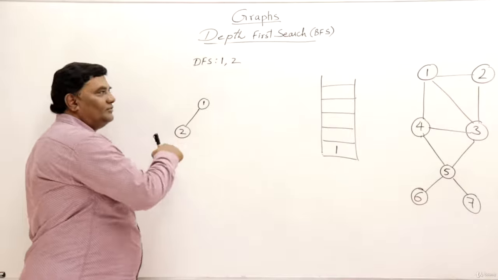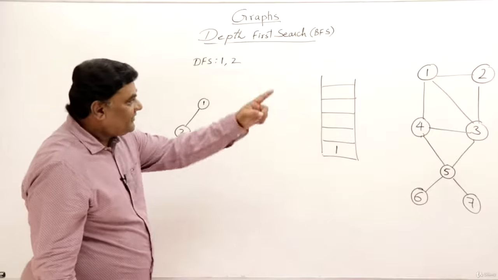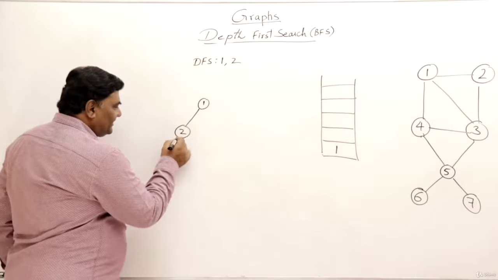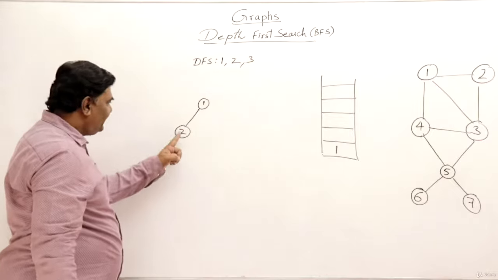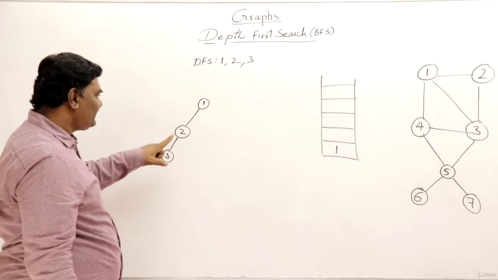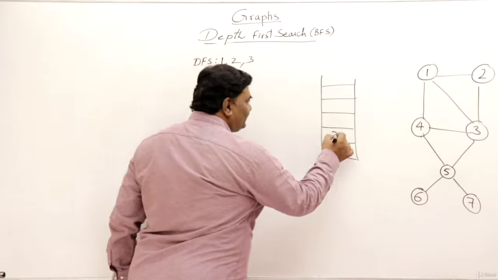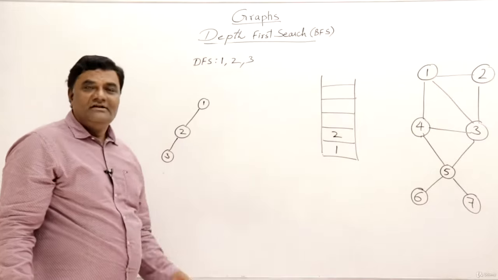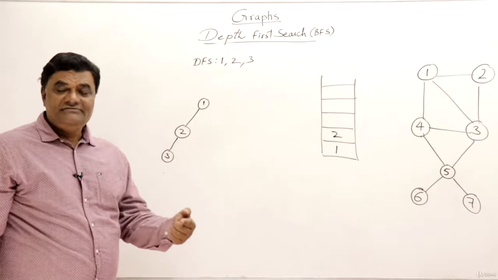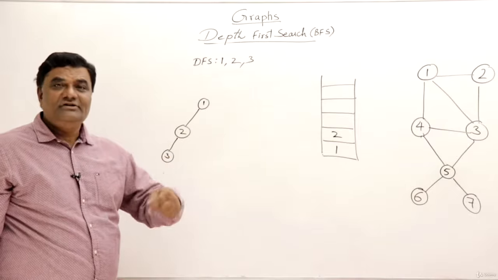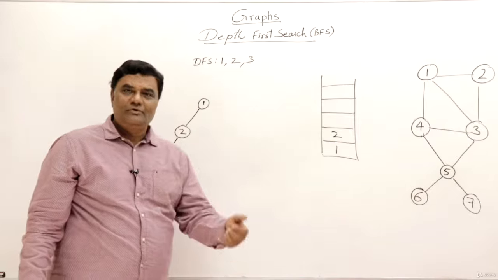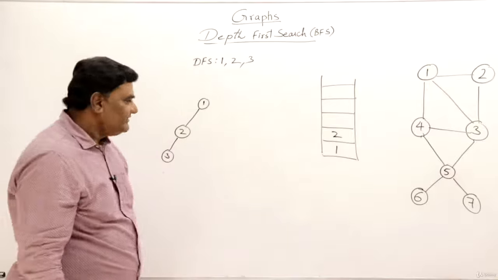Start exploring 2. From 2 we can go to 3. Okay, go to 3. Suspend the exploration of 2 and start exploring 3. So 2 goes in the stack. So it means whenever we get a new vertex, we suspend the old or current vertex and start exploring the new vertex. Yes, that is the approach of depth first search.